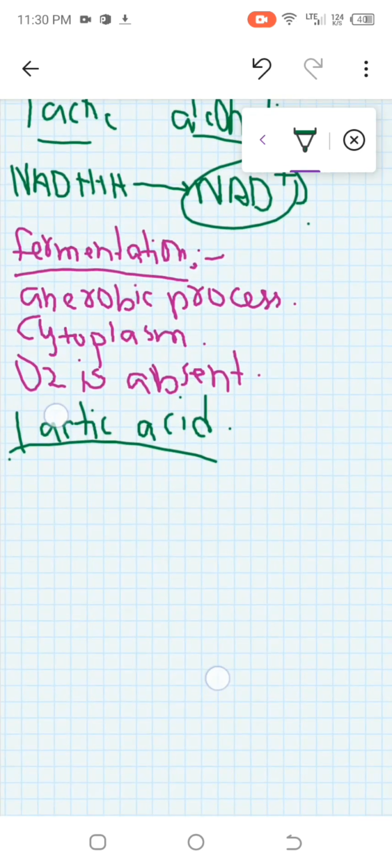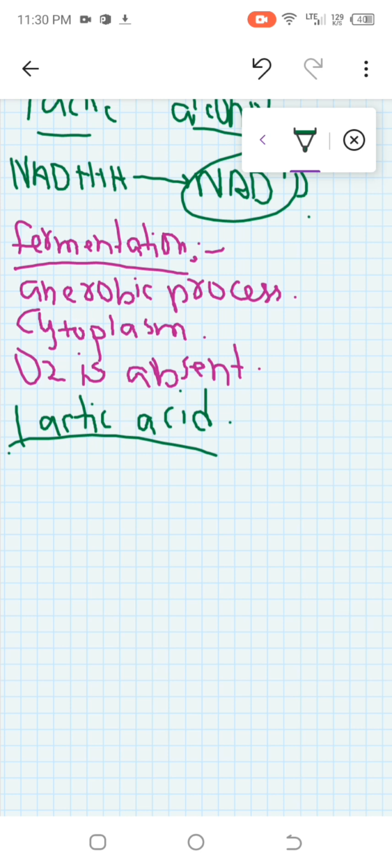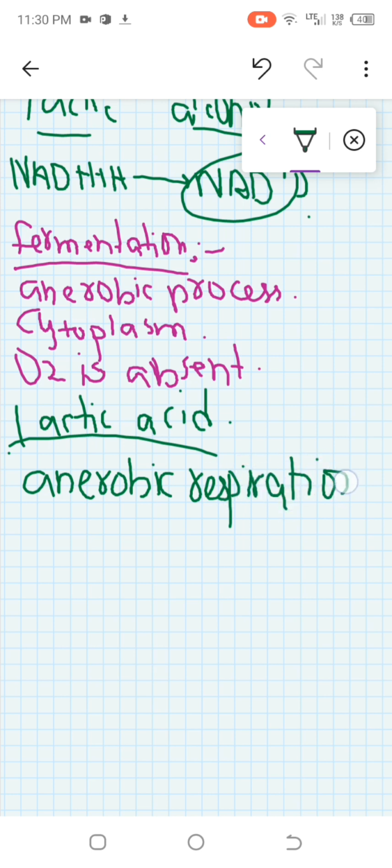So what is lactic acid fermentation? This is an anaerobic respiration, meaning absence of oxygen. It occurs in different types of bacteria, in our muscle cells, and in Lactobacillus.